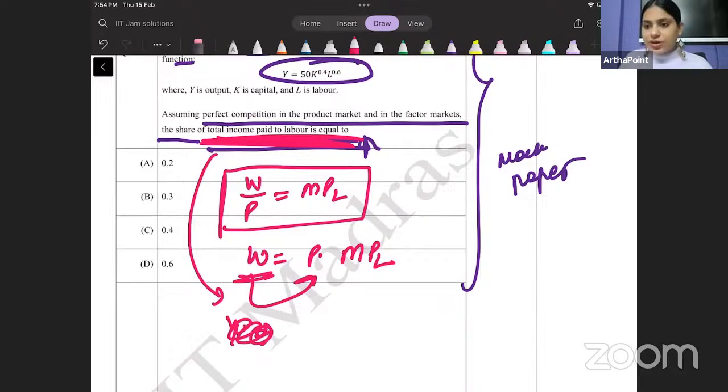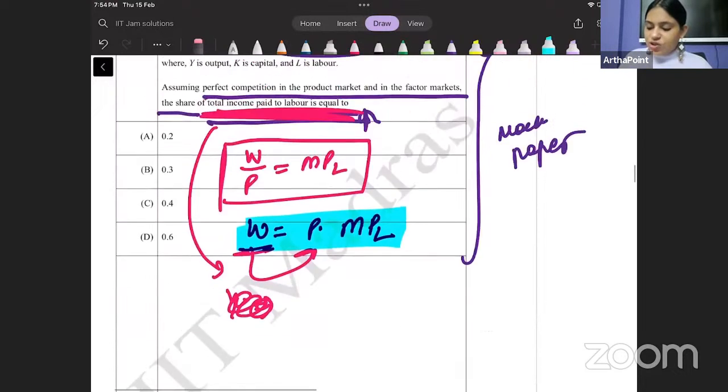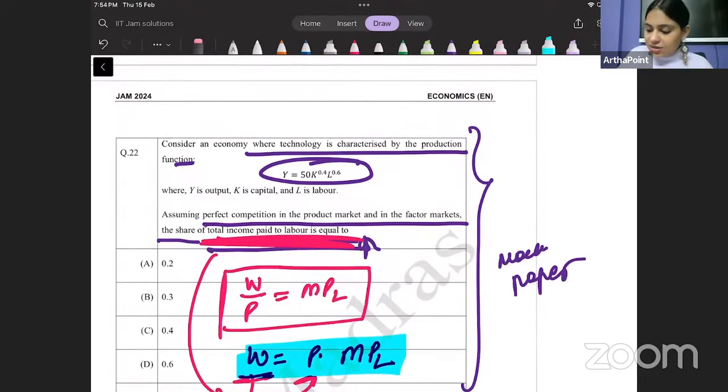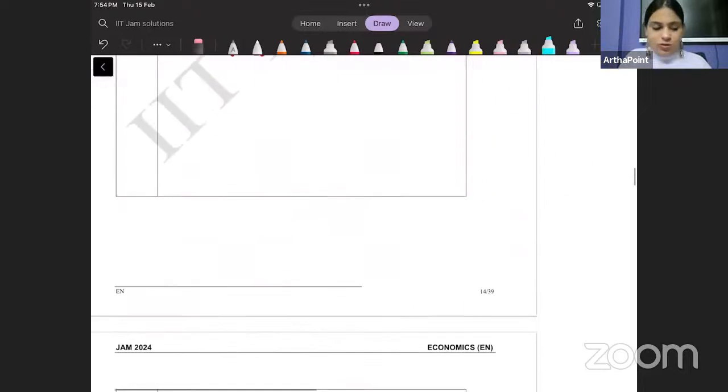So you just have to go ahead and find this, right? तो ये आपका wage paid हो गया, just divided by the value of the output and you will get the share. Another hint, these coefficients have a very big role to play. Then you will be able to solve it.